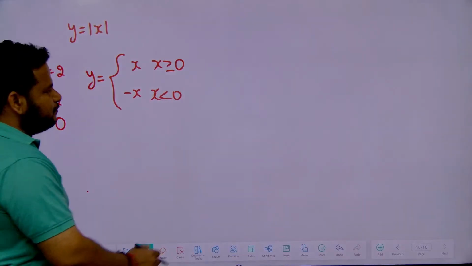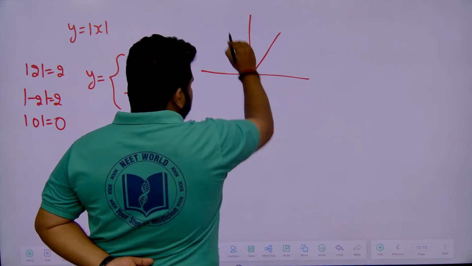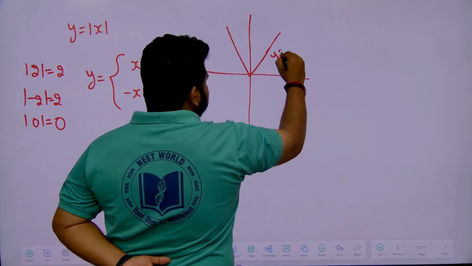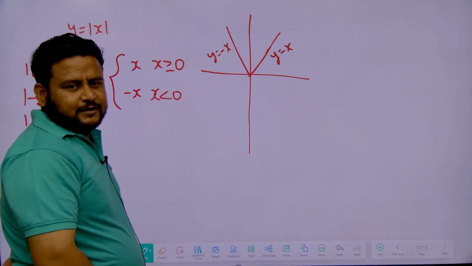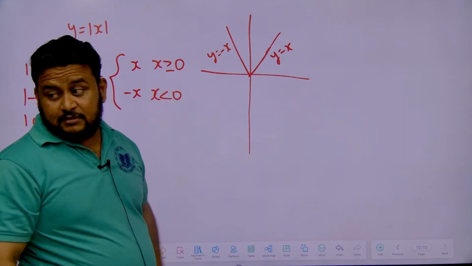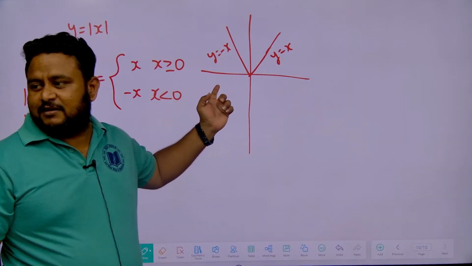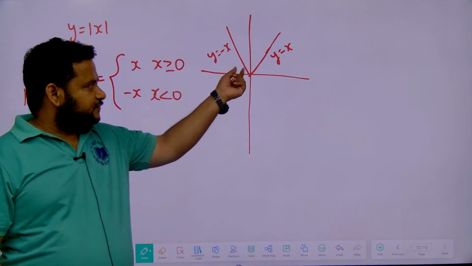So what is the graph of the modulus function? The graph will be V-shaped, like this. This is representing y is equal to x. This is representing y is equal to minus x. That's why the mod function is not differentiable, because we get a sharp edge.